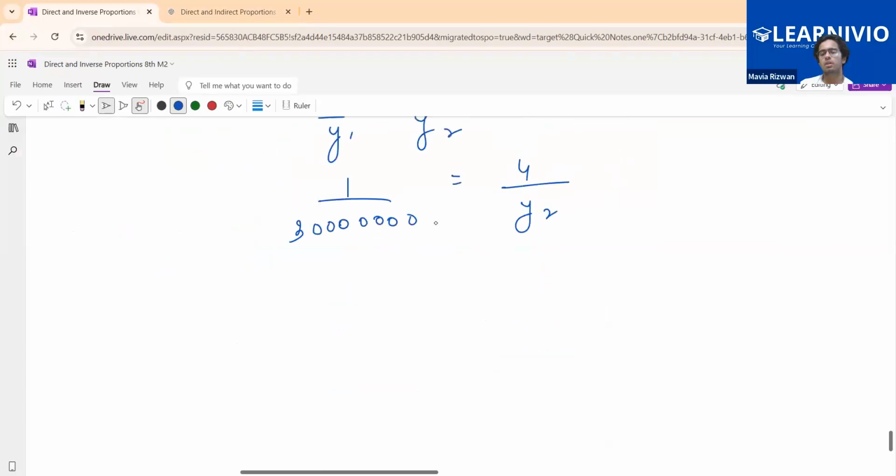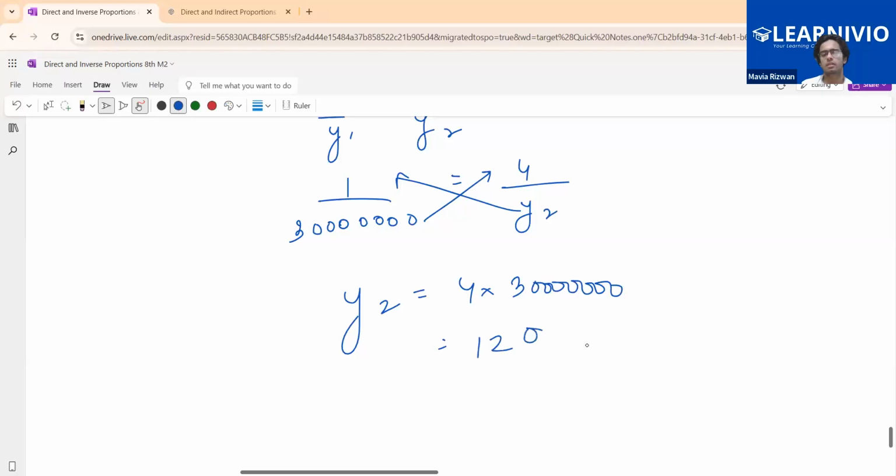Now cross multiply, this would be multiplied here and this would be multiplied here. So y2 is therefore equal to 4 into 3,00,000. 4 threes are 12, so 12 and the zeros. So this is the distance between these two cities. Is this clear, guys?